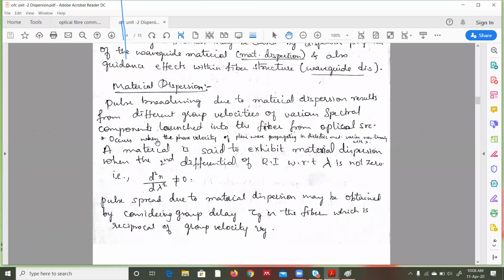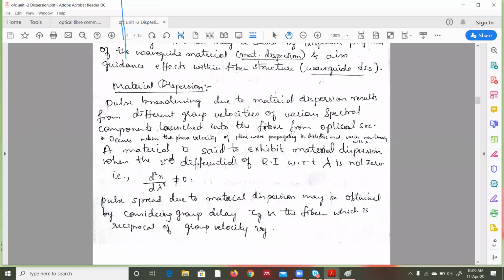Material dispersion occurs when the phase velocity of a plane wave propagating in a dielectric medium varies non-linearly with wavelength. So that is the reason why we need to consider the wavelength as one parameter. And because the phase velocity is related to refractive index, we need to consider refractive index as another parameter.